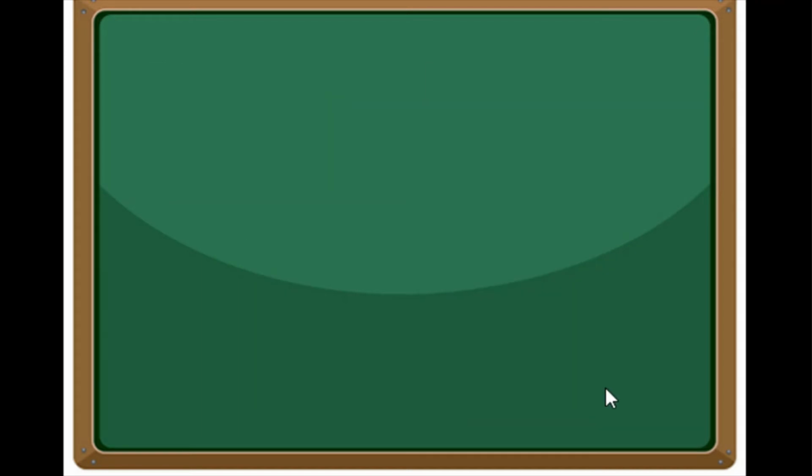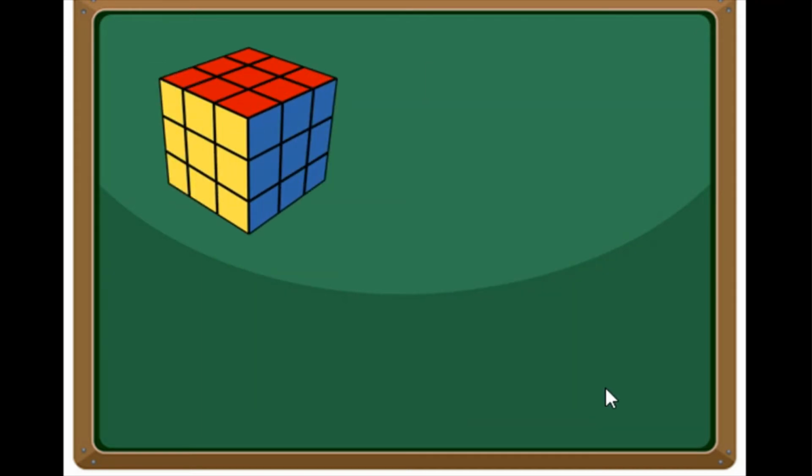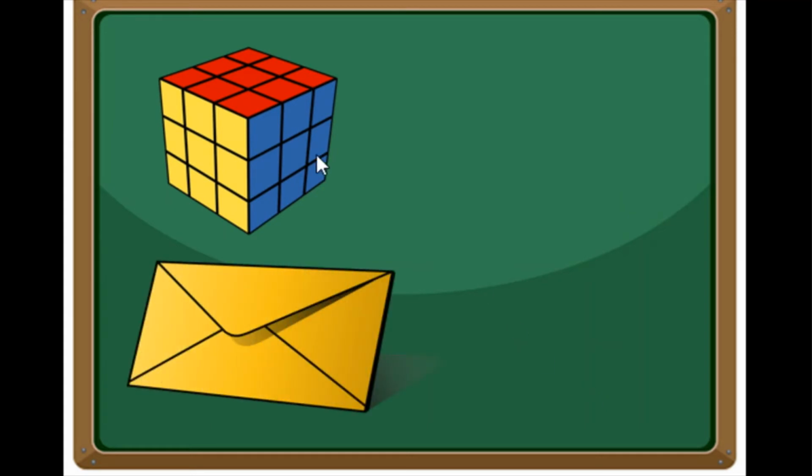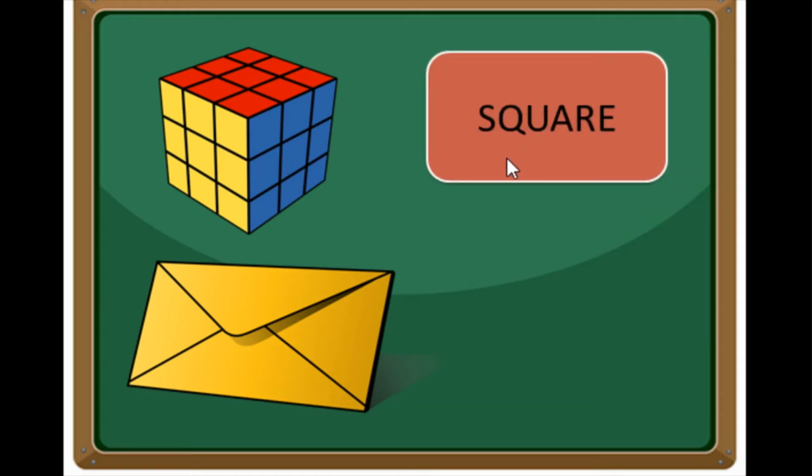Alright, we're down to the last 2 pictures for this topic. How about this Rubik's Cube? Is it a square or a rectangle? Very good. It is a square.